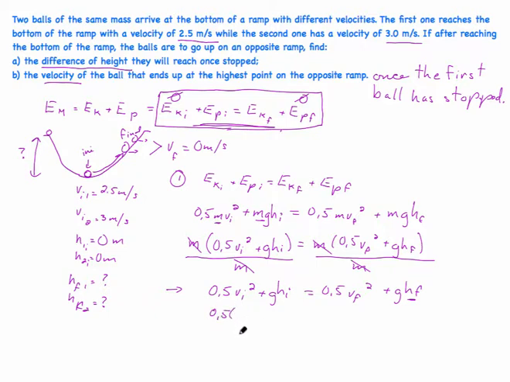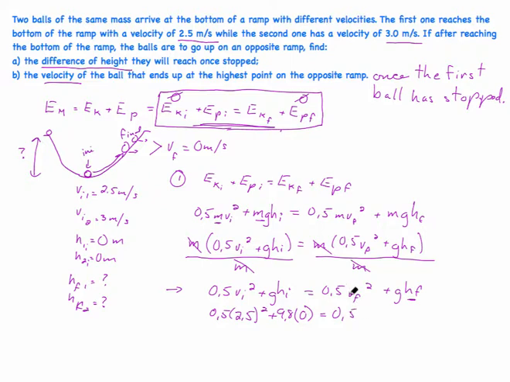So 0.5 times my initial velocity, which in the first case, vi1, is 2.5 meters per second that I need to square, plus 9.8 times my initial height, which I know to be 0, because I decided that the bottom of the ramp would be my initial position and my reference point.